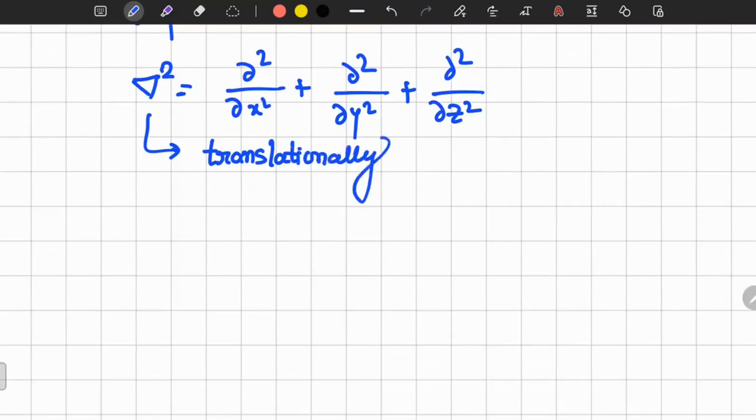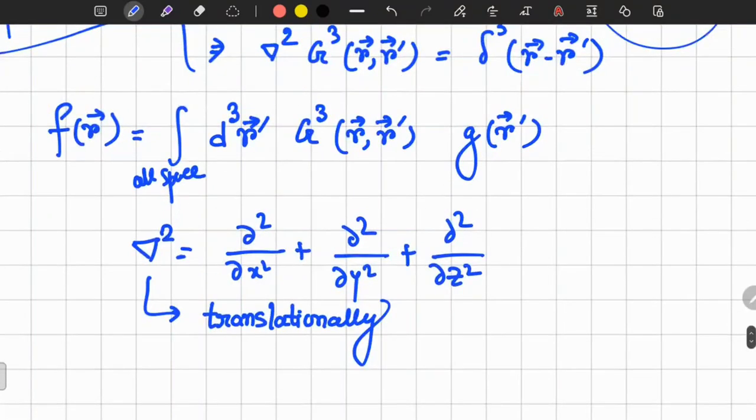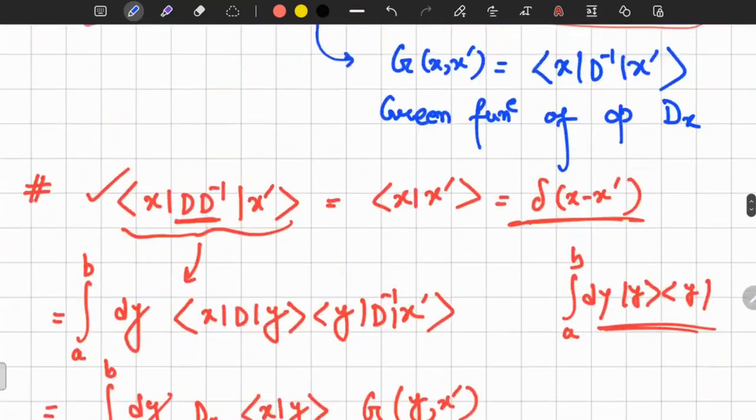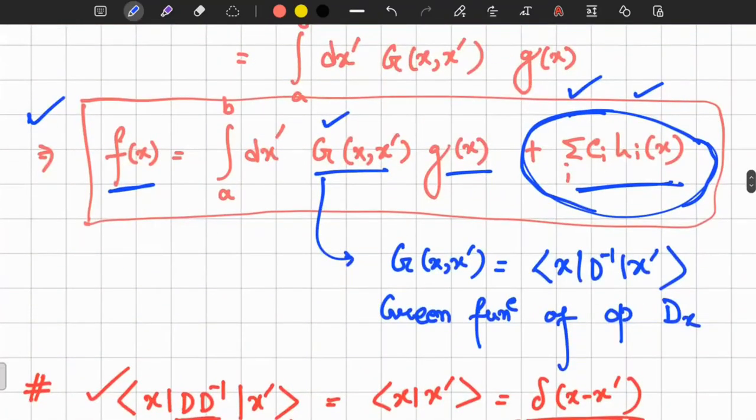So this homogeneous part is zero. If I want to solve this homogeneous differential equation, this is exactly a Laplacian operator.